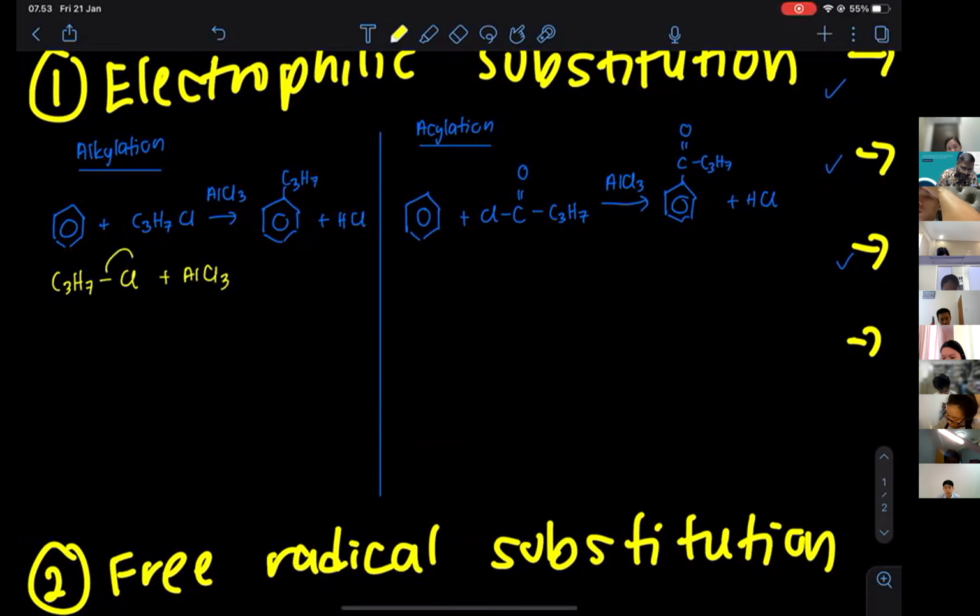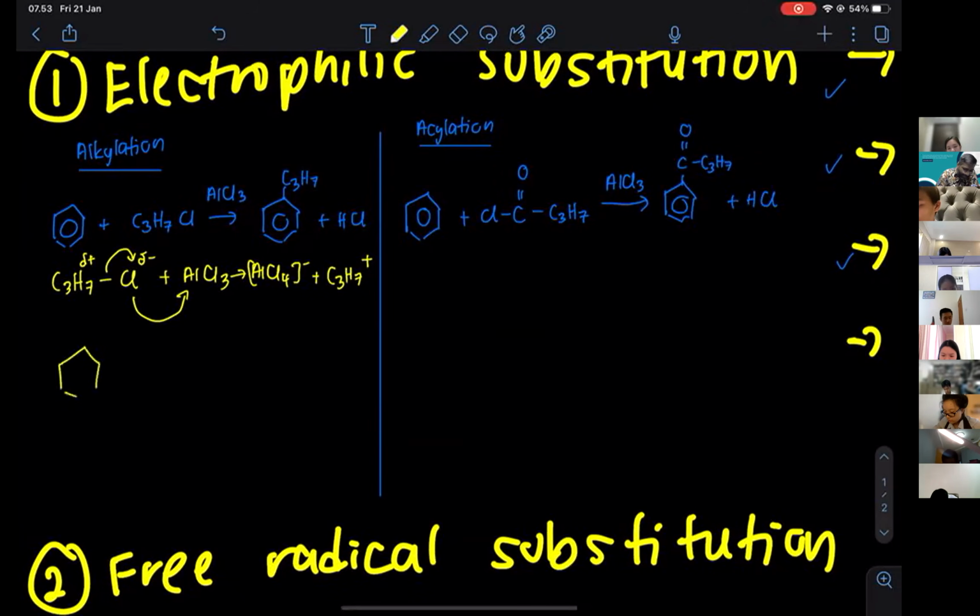The Cl itself becomes polarized, because it is more electronegative, so delta negative, delta positive. You will get AlCl4-, and then you will have C3H7+. The next step is going to be quite simple.